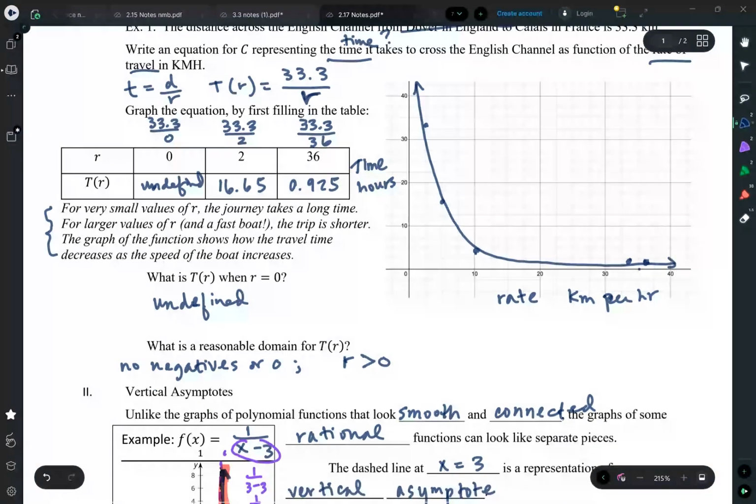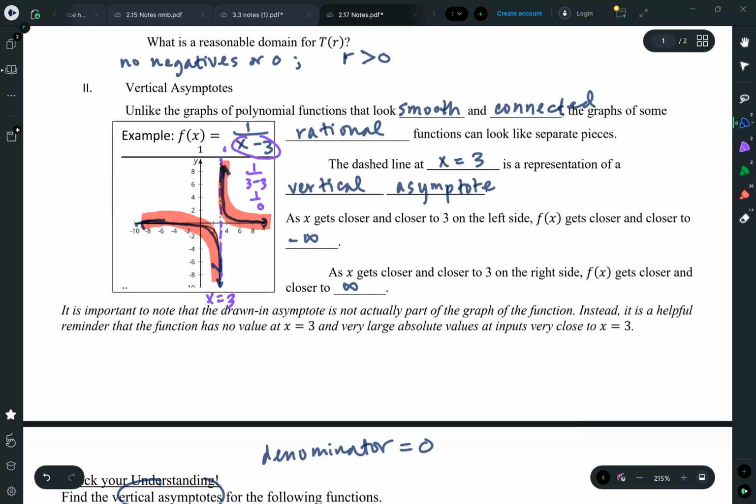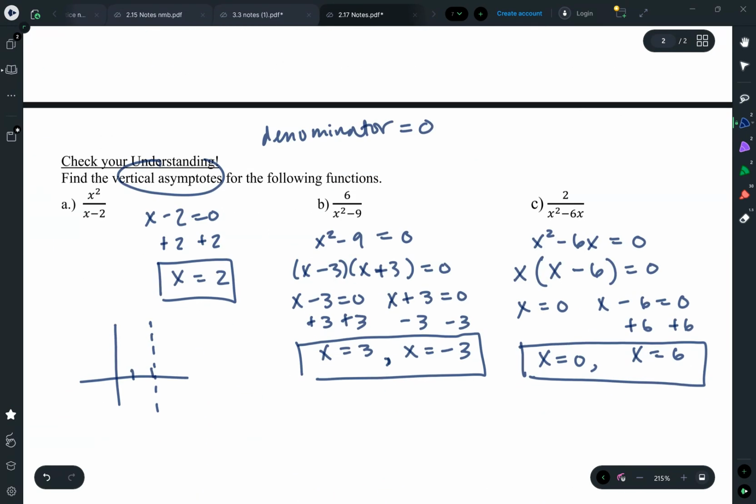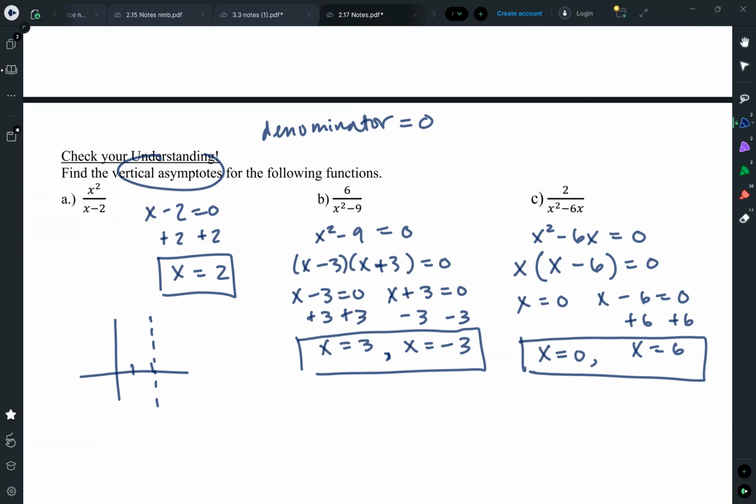We can't have denominators equal to 0. And we can figure out the vertical asymptotes by making the denominators equal to 0. So I know that we went really quickly through the factoring stuff. If you need help, remember this isn't notes on factoring. This was notes on rational equations and just doing some basic graphs. So if you need help on stuff like factoring, make sure to ask your teacher.